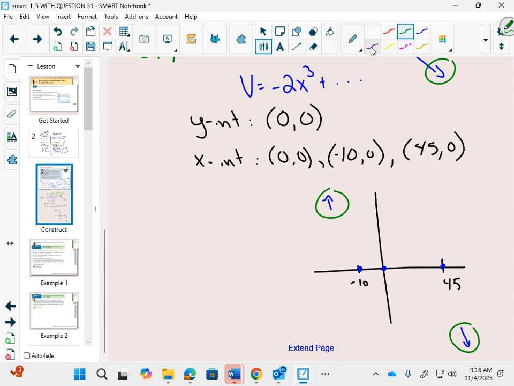We also learned about multiplicity. Do you see that all 3 of these have a multiplicity of 1? And if the multiplicity is 1, your graph goes straight through. So when I go to graph this, a smooth curve through all of them creates this graph.